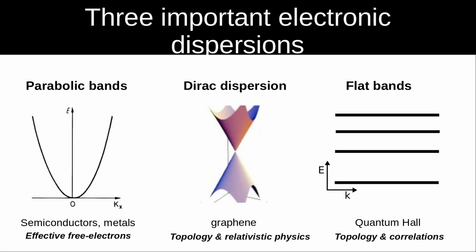And of course, something very interesting is that this linear relation is very similar to what we expect in, let's say, relativistic physics. So much of the phenomena that one can expect at relativistic energies actually happen in these materials that have linear relation. From the mathematical point of view, they are effectively the same.